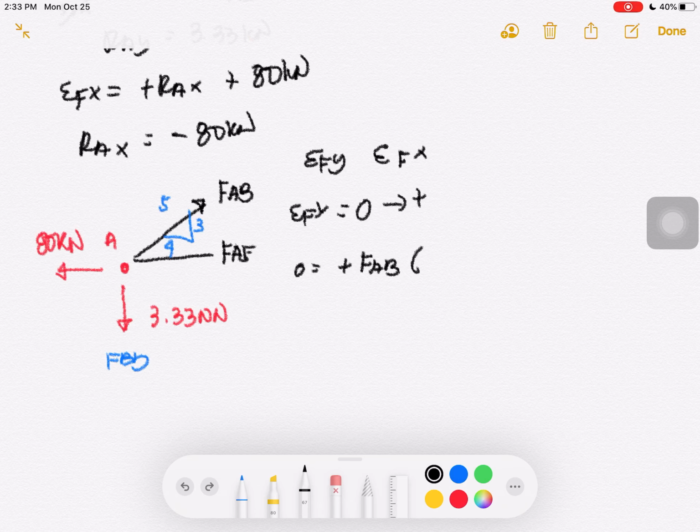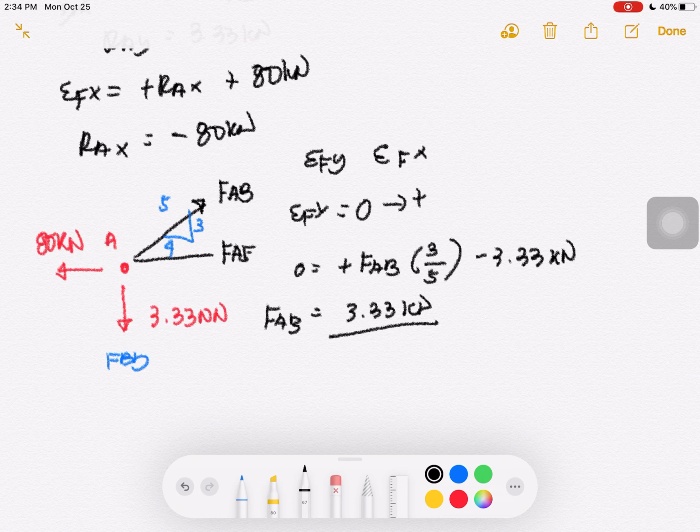Okay, so FAB multiplied by 3 over 5. Then we have what? Negative 3.33 kilonewton. So your FAB equals 3.33 kilonewton divided by 3 over 5.